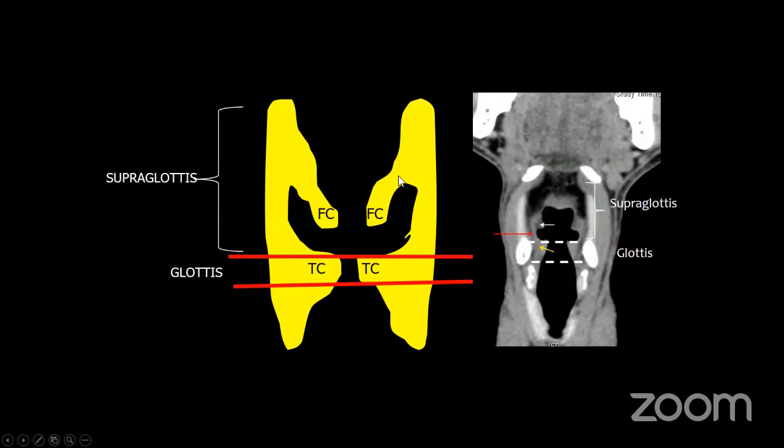The diseases of the supraglottis tend to come with a lot of spread across the spaces, extending up to the preepiglottic space. The glottic diseases tend to have a lesser incidence of nodal metastasis as compared to the supraglottis, and subglottic extension can happen due to transglottic spread as well.